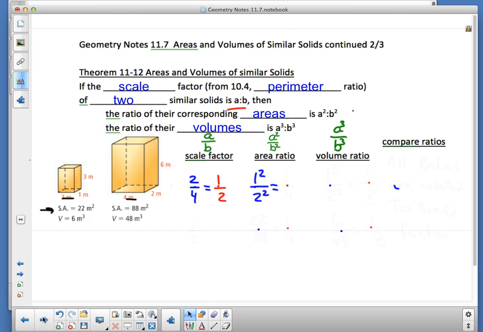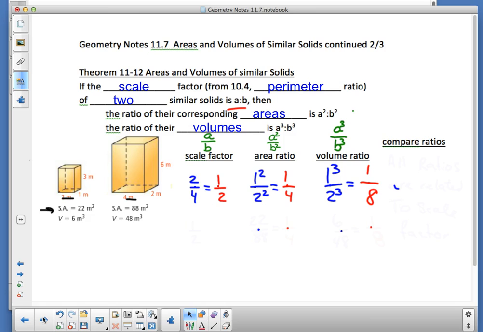And if I take my perimeter ratio, which is my scale factor, and I cube it, I get my volume ratio, which is 1 to 8.